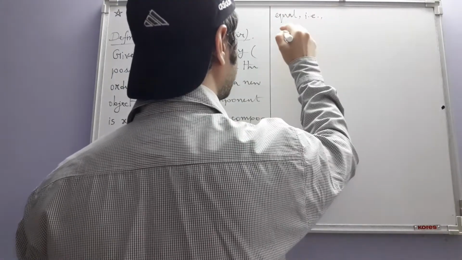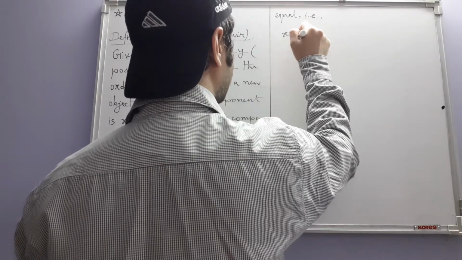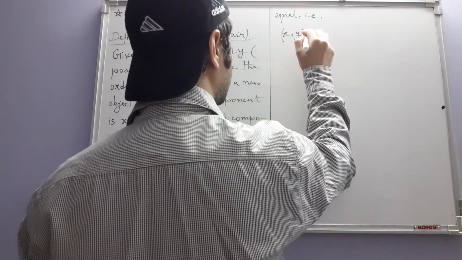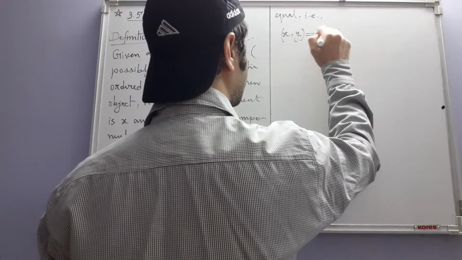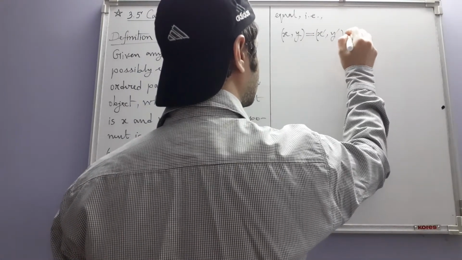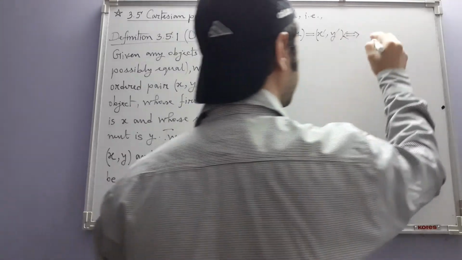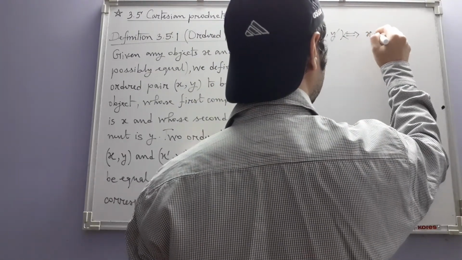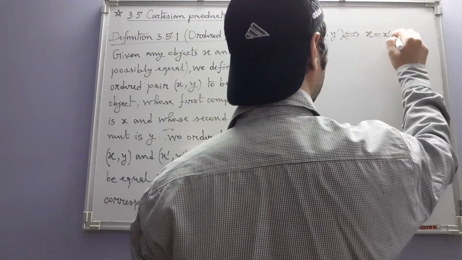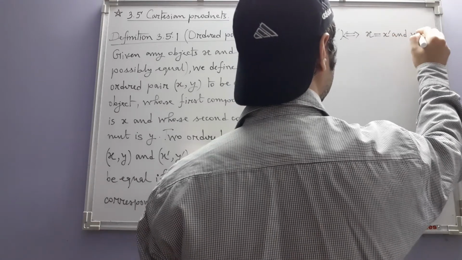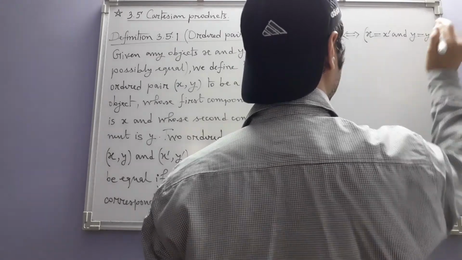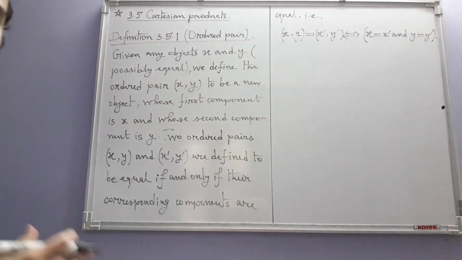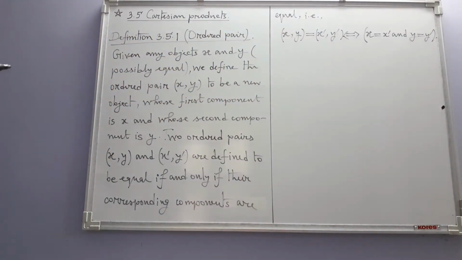That is, x comma y is equal to x prime comma y prime if and only if x is equal to x prime and y is equal to y prime, which is natural also, because then they will be the same thing.